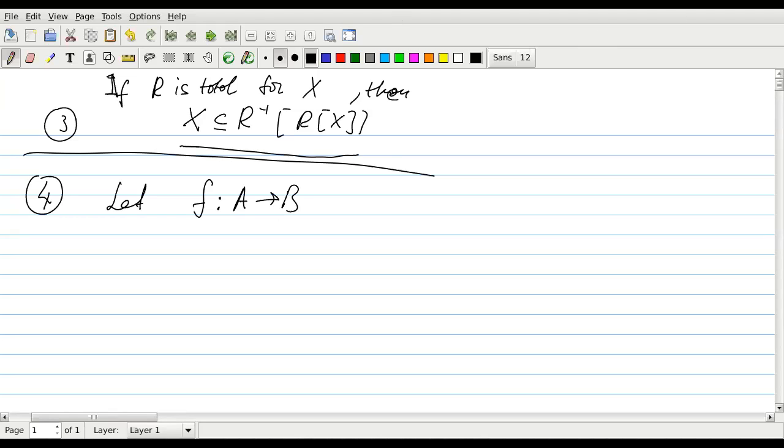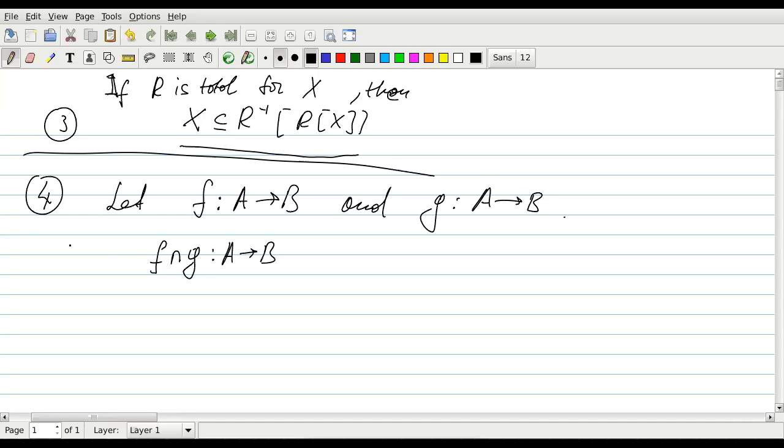So as a function is a set, and indeed everything is a set, we may, for example, consider the intersection of two functions. So assume that f and g are both functions from A to B. So is it possible that the intersection is a function from A to B?